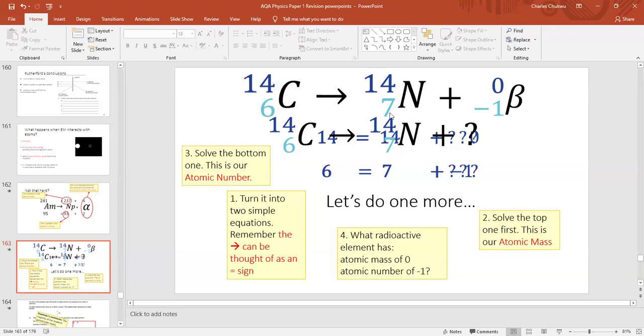Now, if you add 7 and -1, you actually get 6, isn't it? Yes. And if you add 14 and 0, you will get back 14, isn't it? Yes. So do you see that everything balances well? Yes. Okay, I just wanted to bring that to your attention.